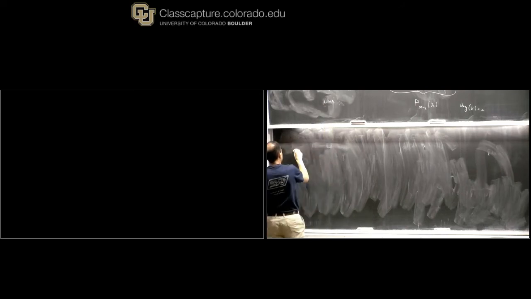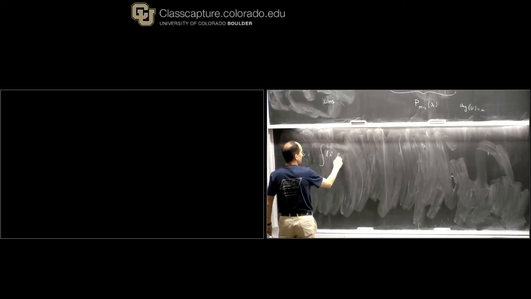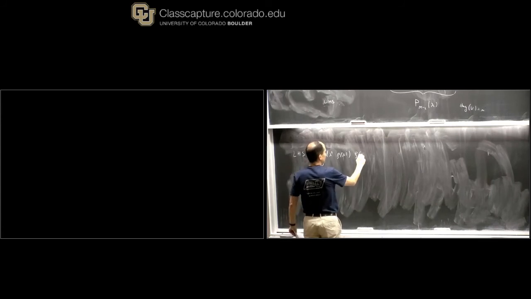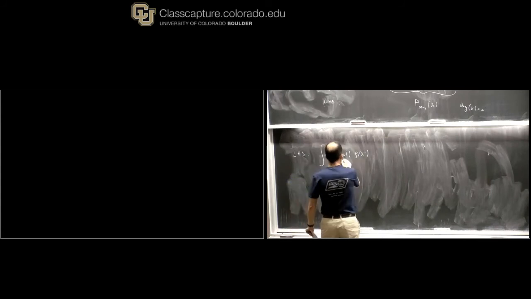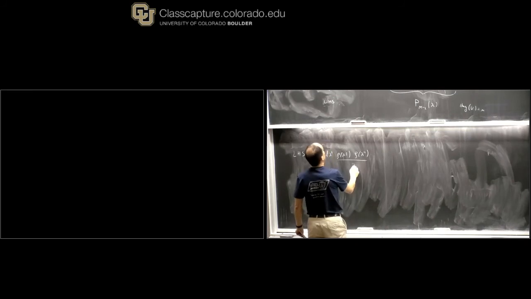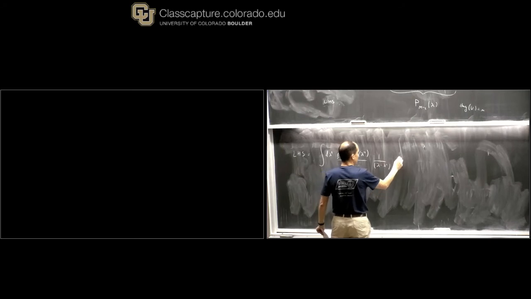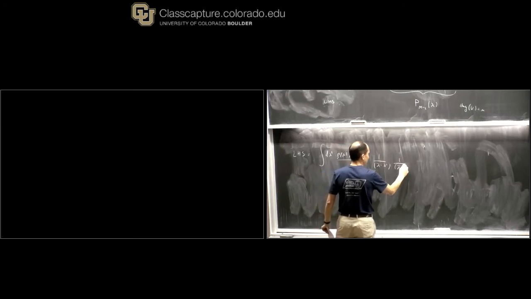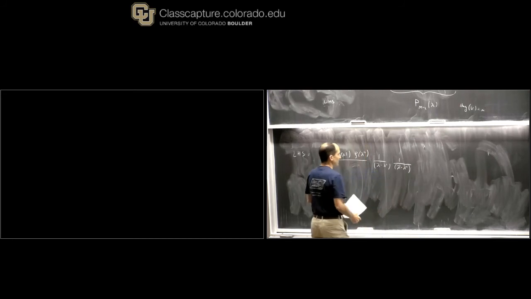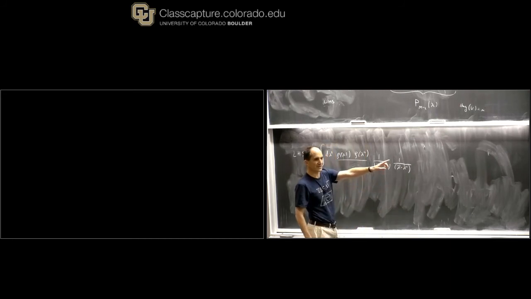The left-hand side is equal to an integral d lambda prime rho of lambda prime, and then we have a rho of lambda double prime, times 1 over lambda minus lambda prime, and then 1 over lambda prime minus lambda double prime. What I've done is use that equation, but I've changed lambda to lambda prime and lambda prime to lambda double prime. So that's what we have in the left-hand side.